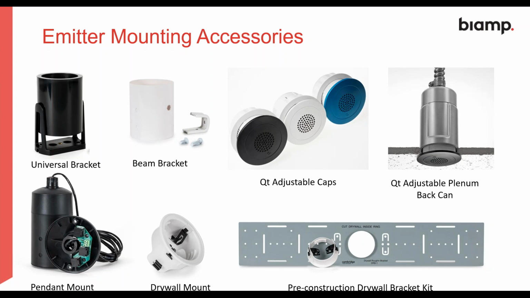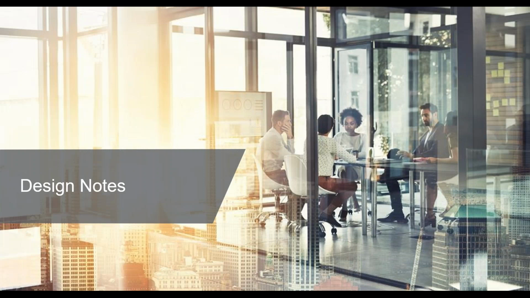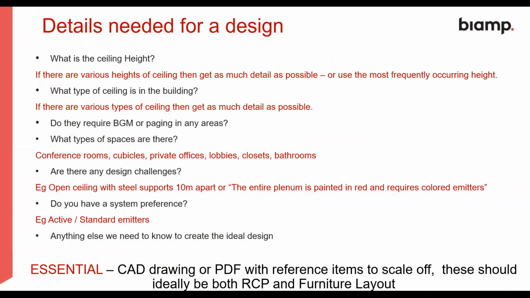So moving on to designs. There are several key things that we need for producing a design, which we should try to get before we start. We need to know the ceiling height, which is crucial. We also need to know what type of ceiling it is in the building, mainly for the type of brackets that are used.